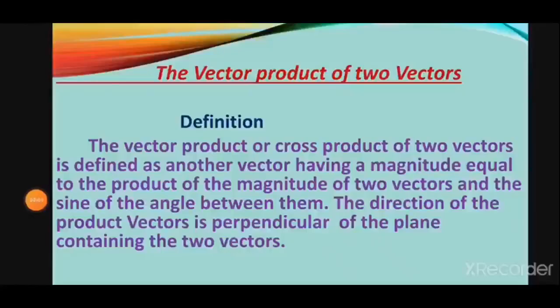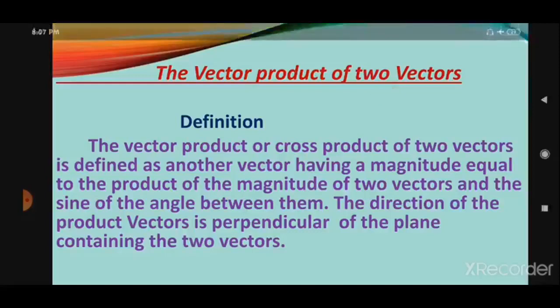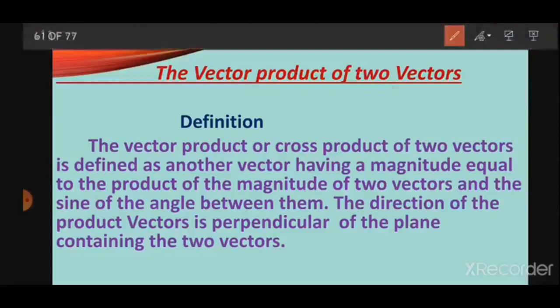And the second property, the vector product of two vectors, or cross product of two vectors. It is an important one also. Okay. Already I said there are two vectors multiplied; what will be the resultant, scalar or vector? Here it is the cross product.